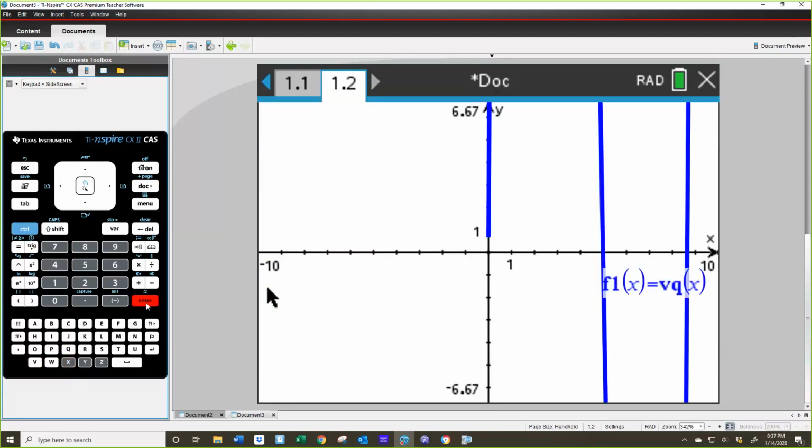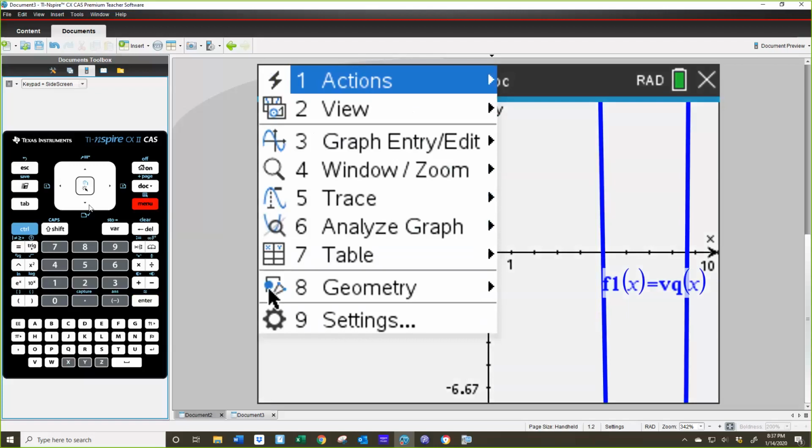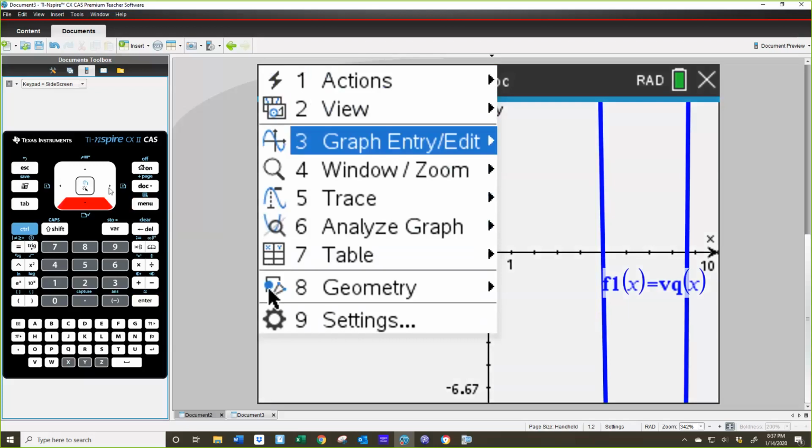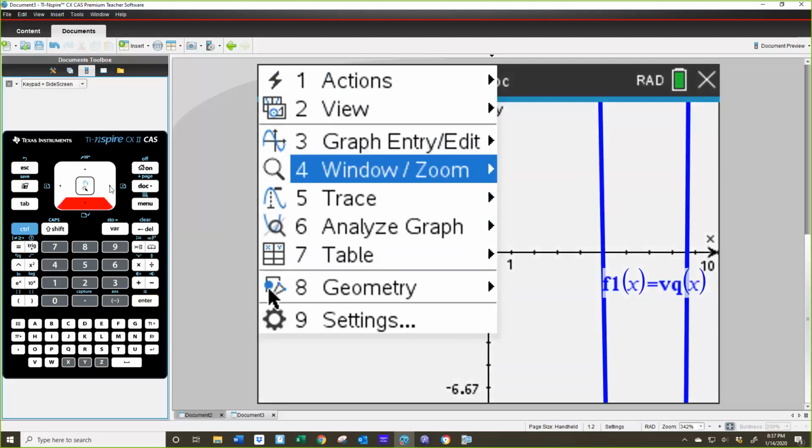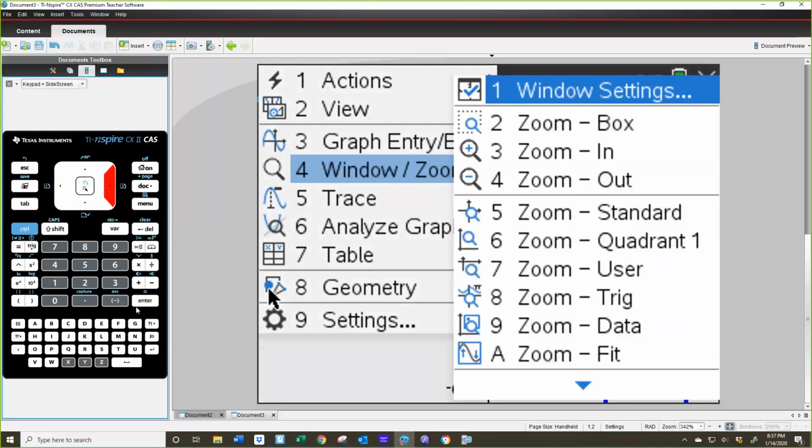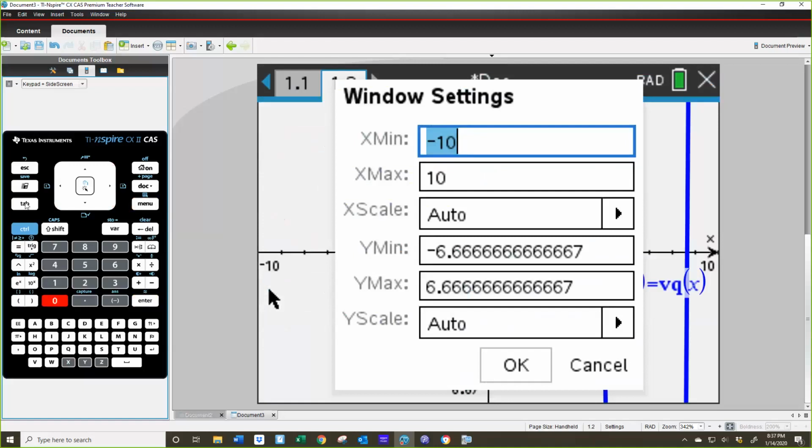I do not have a very good window, so let's see if we can remember the window we used earlier. So I will go to menu, and then go down to window zoom, and window settings. And let's see, we had 0 and 4. And auto would probably be okay, but I'll put a 1.